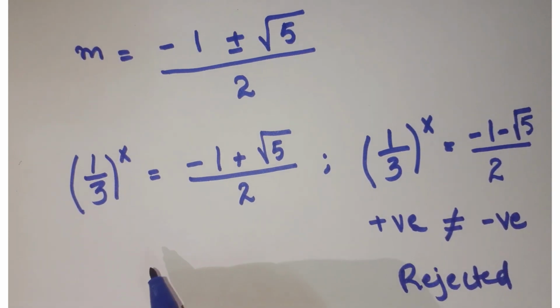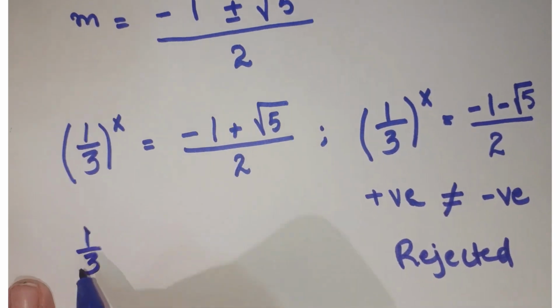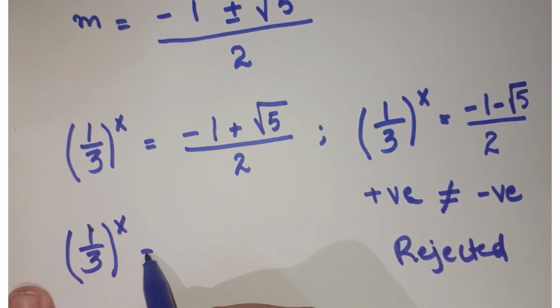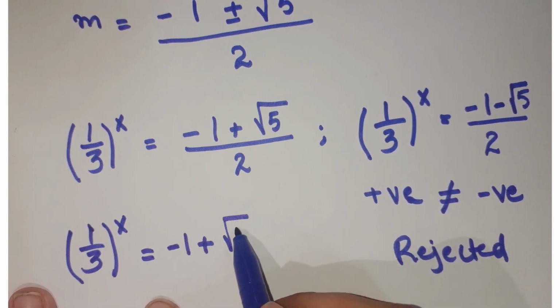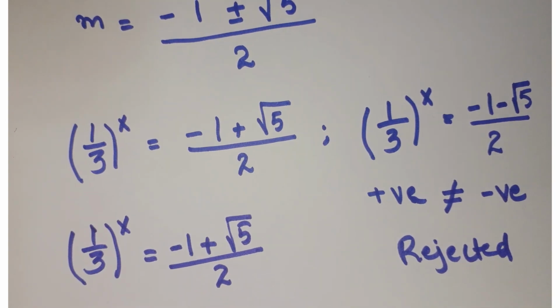So we work on this, that is 1 upon 3 whole to the power x is equal to minus 1 plus under root 5 upon 2. What we are going to do is just take log on both sides.